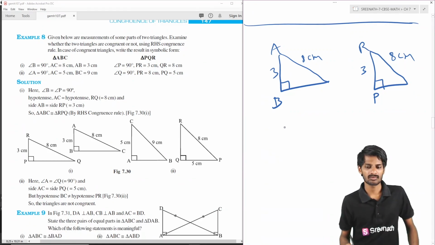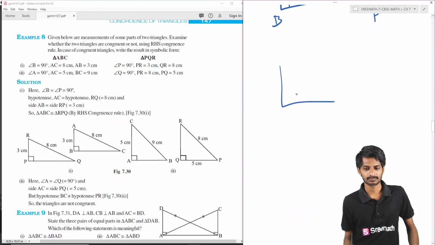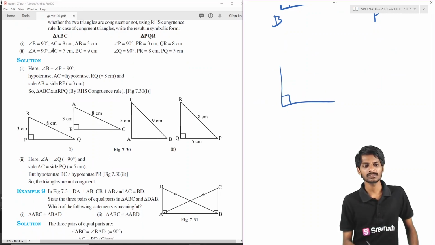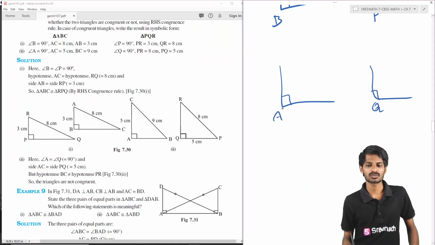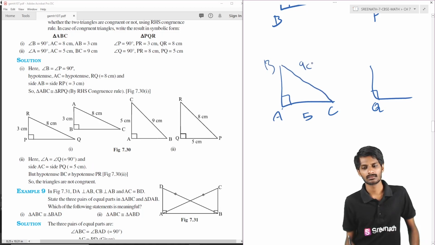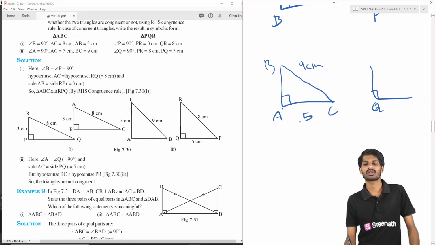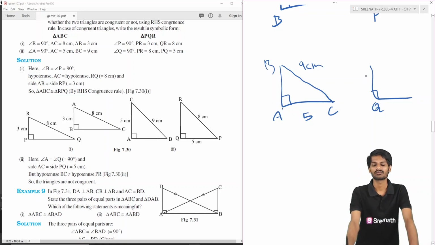Next thing is angle A equal to 90 degrees, and here angle Q is equal to 90 degrees. AC is equal to 5 centimeters and PC is 9 centimeters. So we know the hypotenuse and one side in the right angle triangle. But what about this triangle?